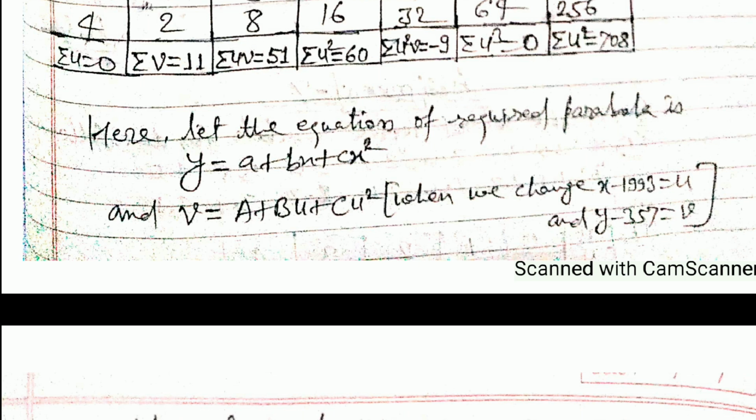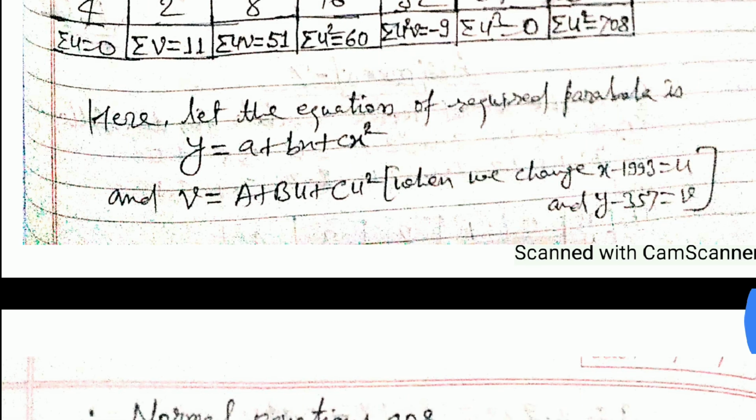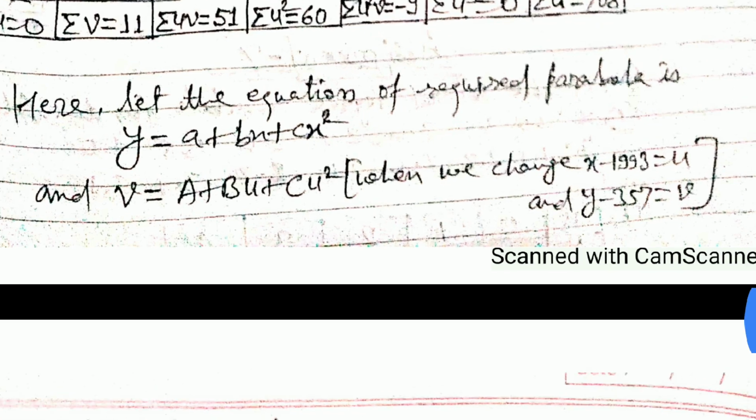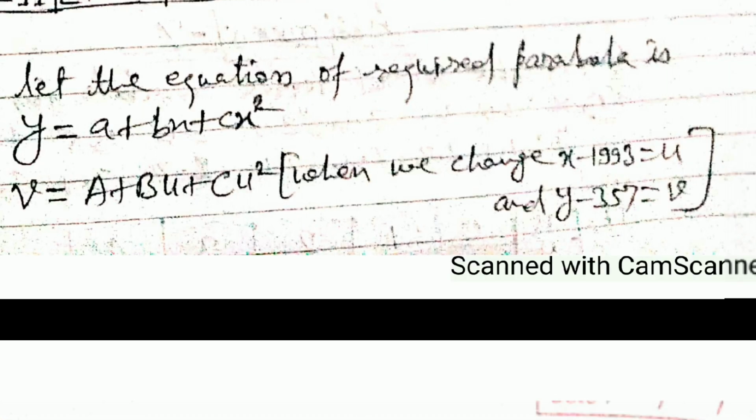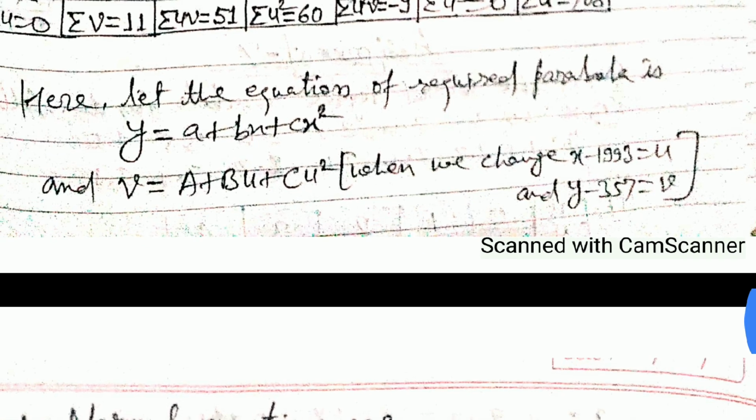If we change x minus 1993 to u and y minus 357 to v, it will be transformed into the form of u and v.